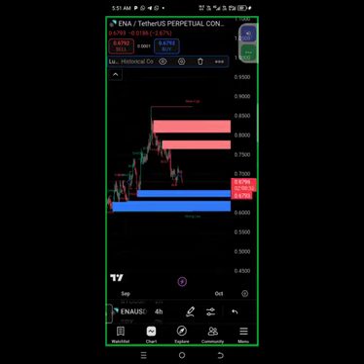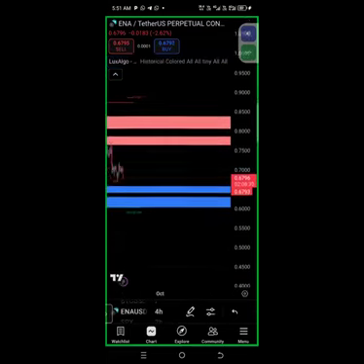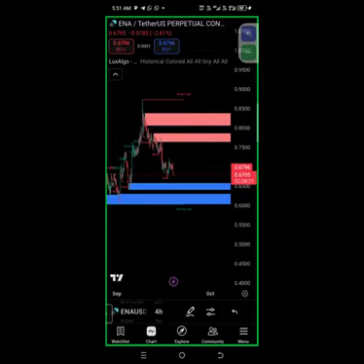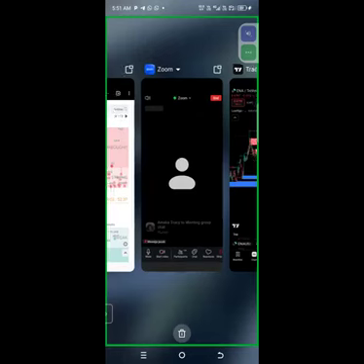Let me know your answer in the chat box. What did we say our weak high and the strong zones are? What did we say they are? Let's see.